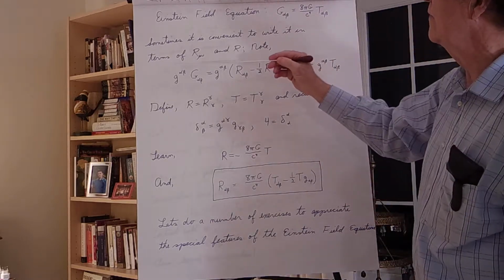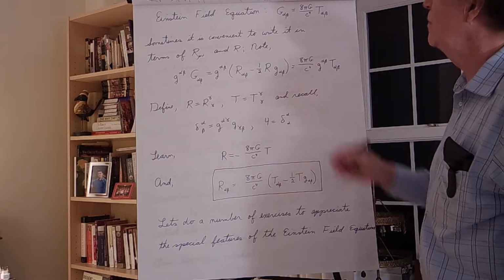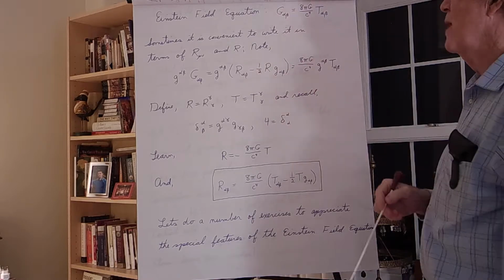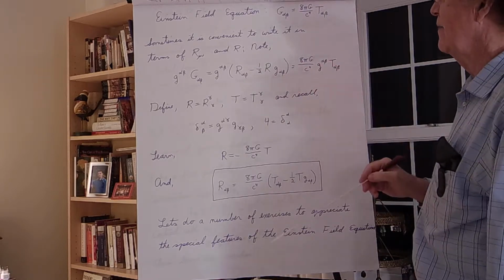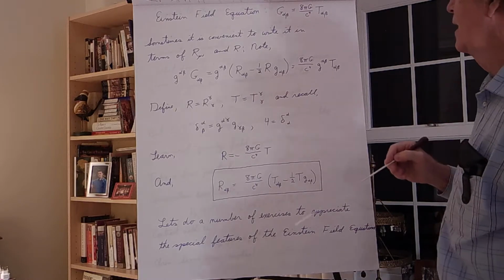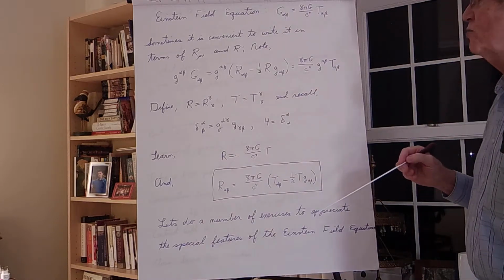In particular, if I look at this fully contracted form of the Einstein equations, just take G alpha beta and contract all my indices, then on the left-hand side, I'll get this contraction. On the right-hand side, I'll just get that contraction.